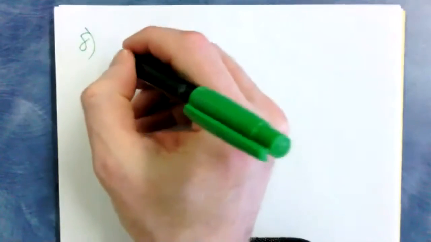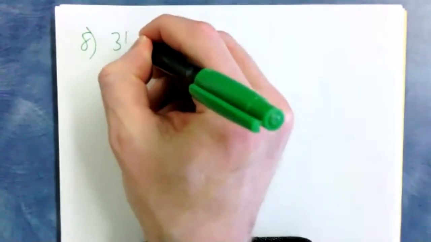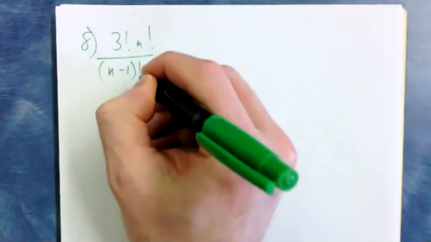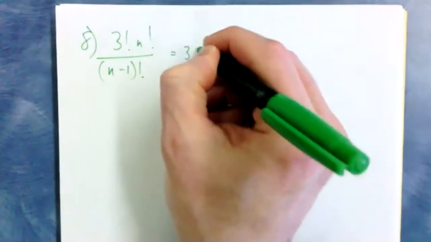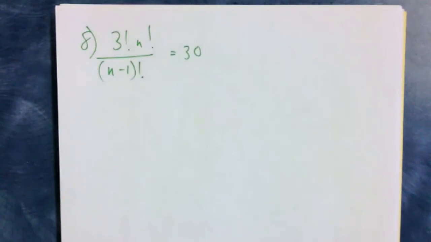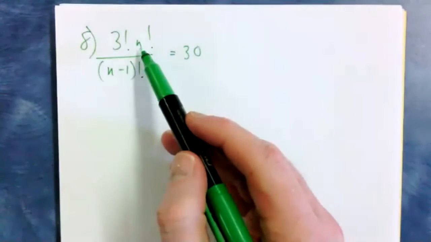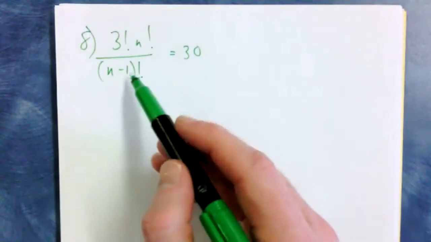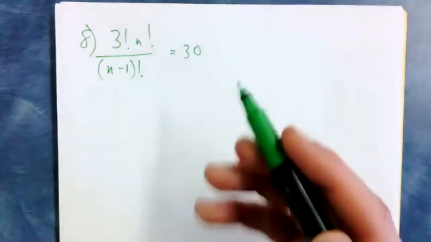Number 8, but this is all being recorded. Number 8, so we have 3 factorial times n factorial all over n minus 1 factorial equals 30. Again, look for something to cancel. In this case, n factorial is n times n minus 1 times n minus 2, and so on. I can cancel with the n minus 1 factorials.